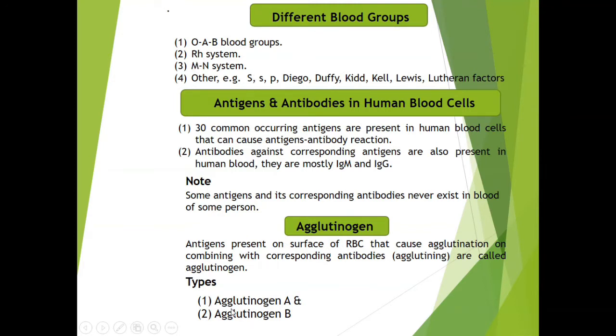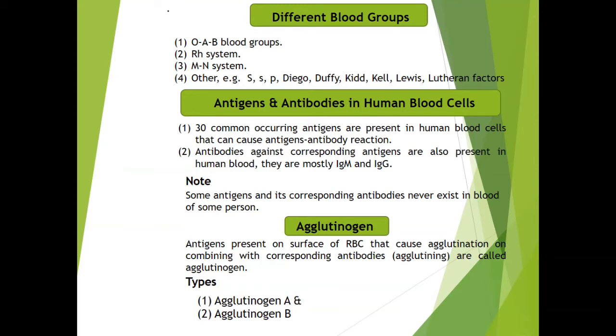Let's discuss the next slide. That is about agglutinogens.